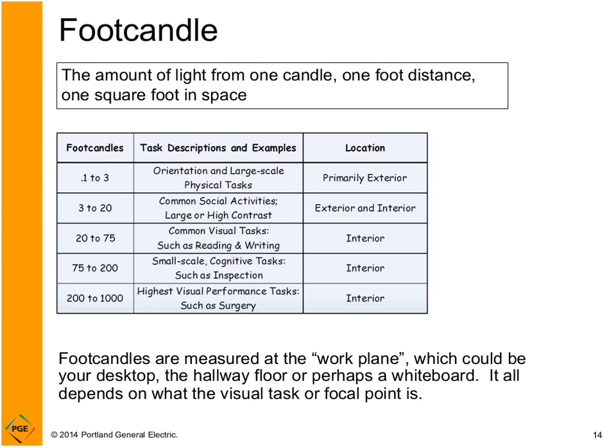And then we need more light as we get into small-scale tasks and jobs like inspection. And we can go up much higher for doing tasks that have the highest visual performance. Surgery would be a really good example of that.